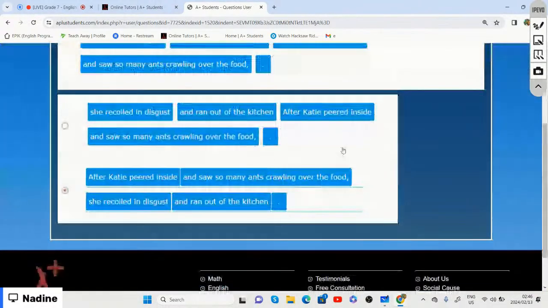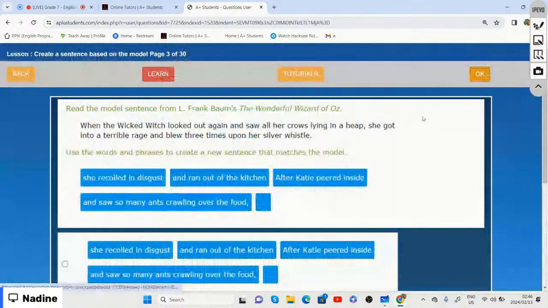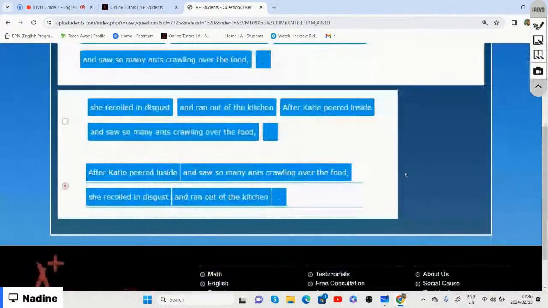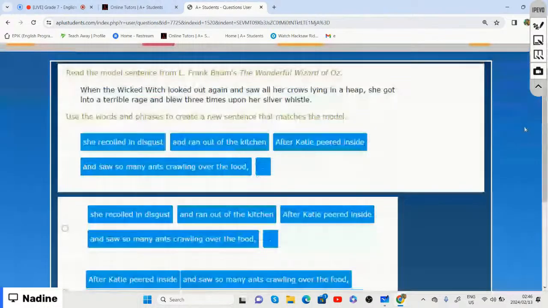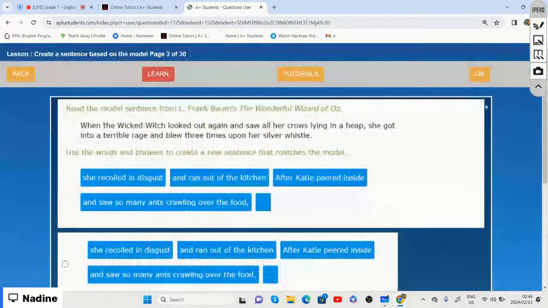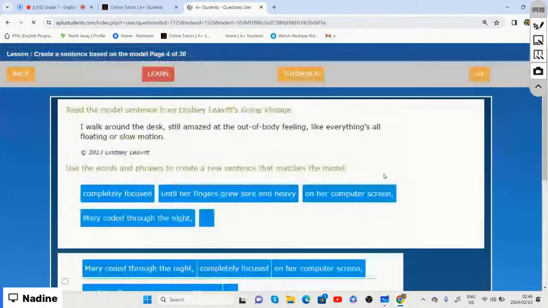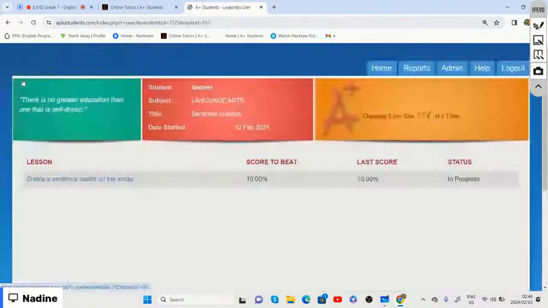So we can go with the second one. All right. And that is correct.